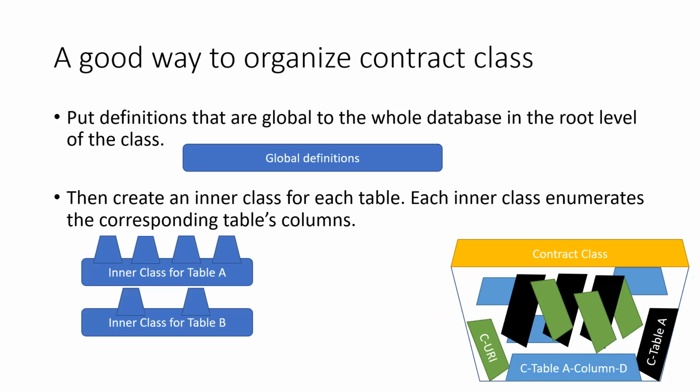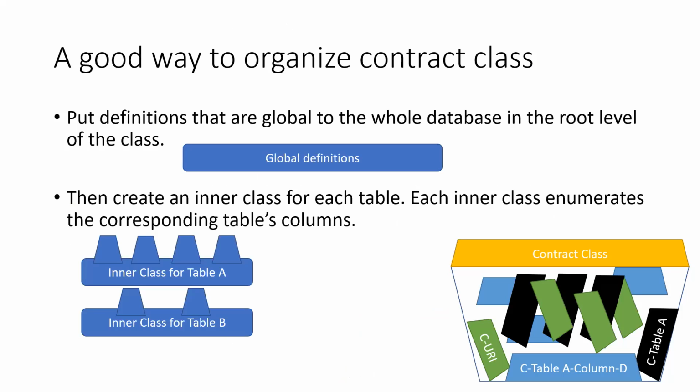The next slide says that this is representing a good way to organize the contract class. This tells you how your contract class is organized. Schema is for organization of your database, and the contract class is all about the constants. There are some constants which represent global definitions.